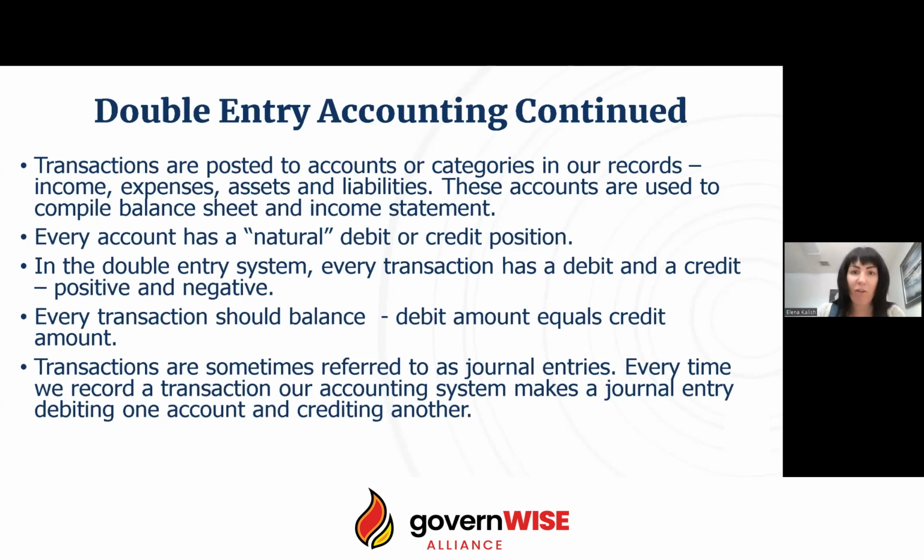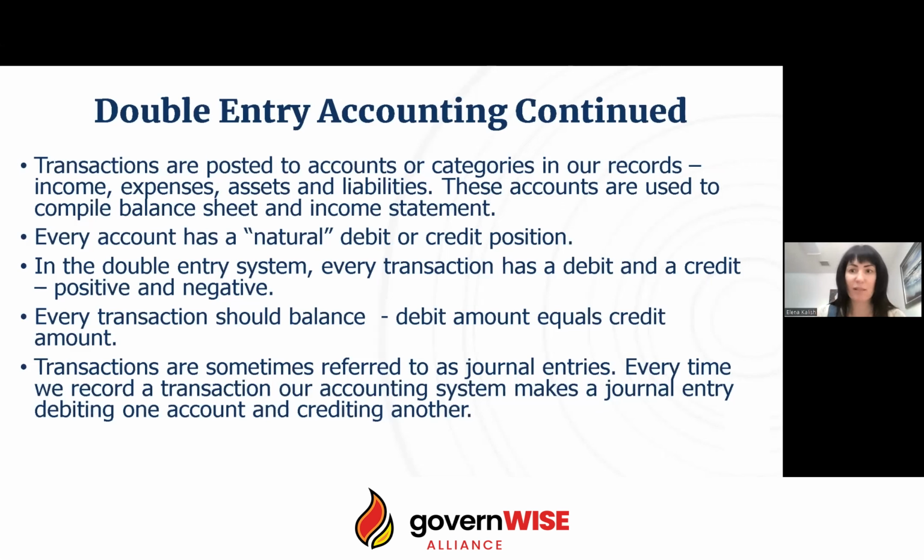In the background, what the system is doing, it's actually posting debit and credit journal entries. It's just that new generation software has been really simplified to allow people that may not have a lot of accounting training to work with them. But we have to remember, everything we enter in our accounting system has a debit and a credit.